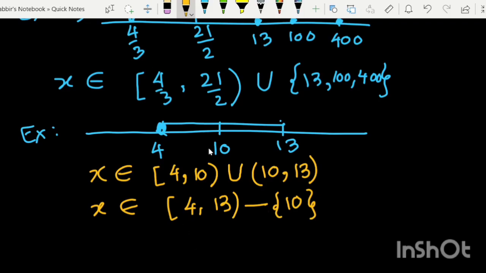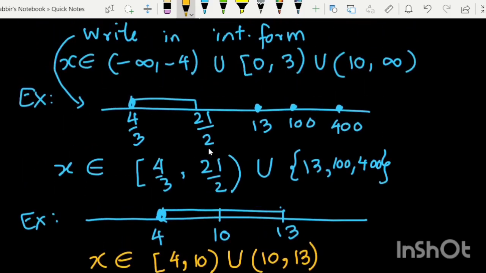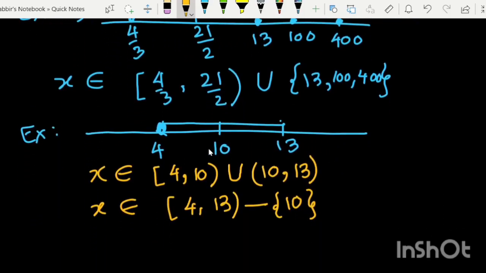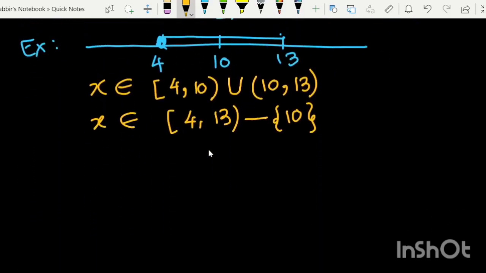So using minus also we can write it down. The use of minus in representing a solution in interval form can be done.